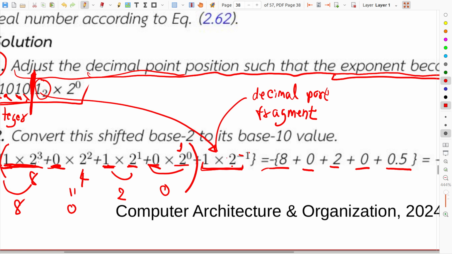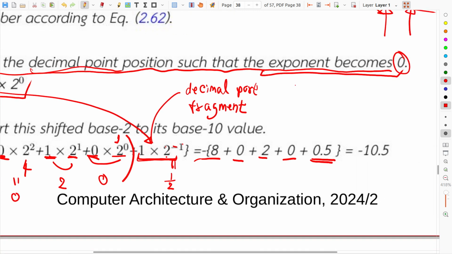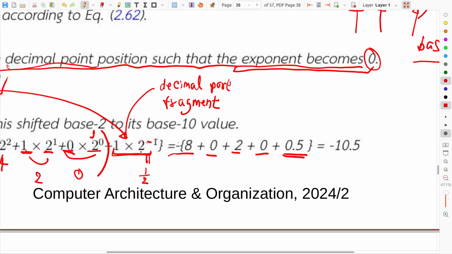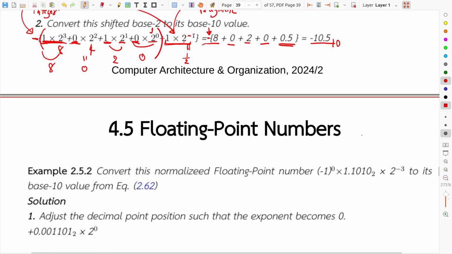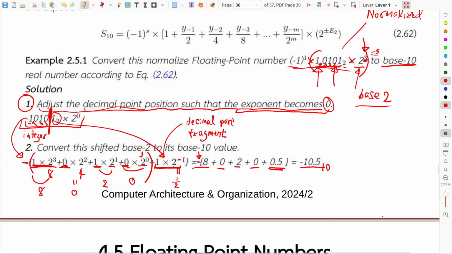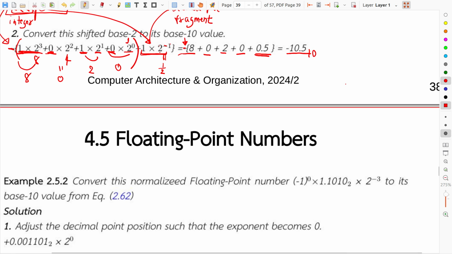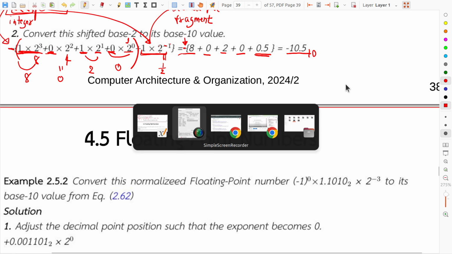So 2 to the minus 1 is 1 over 2, that's 0.5. So finally, the minus sign is still there, so it's going to be minus 10.5 in base 10. Okay, let's stop here for a moment and we will continue to the next example. All right.